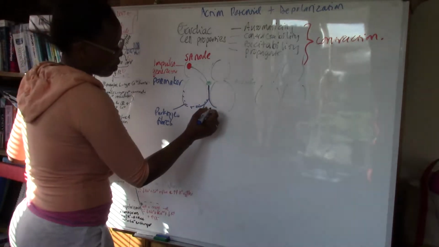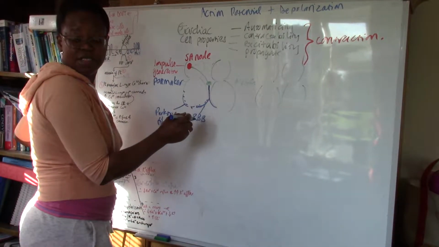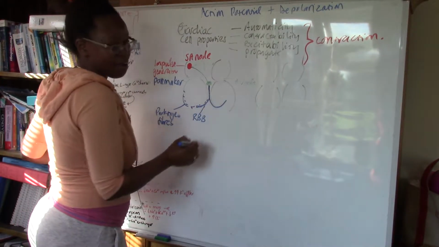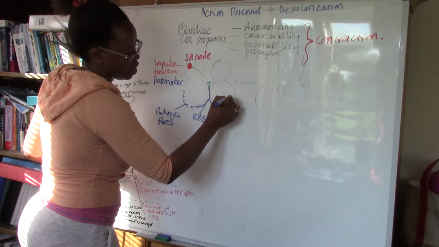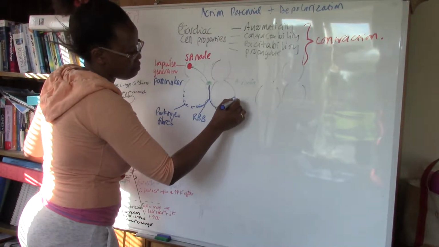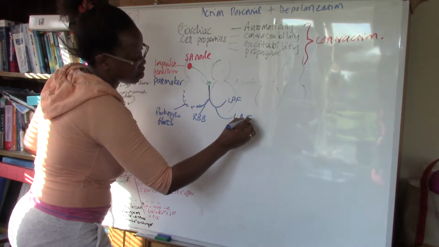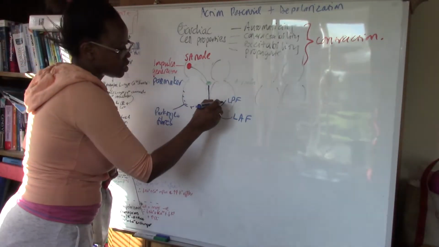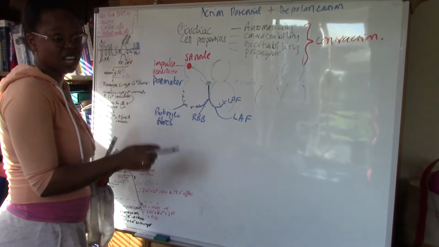The left bundle branch goes into the left ventricle, and it then divides into the posterior fascicle and the anterior fascicle. So we'll have the left posterior fascicle and the left anterior fascicle. The difference is that on the right, the right bundle branch does not divide.